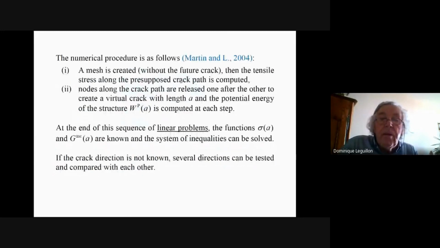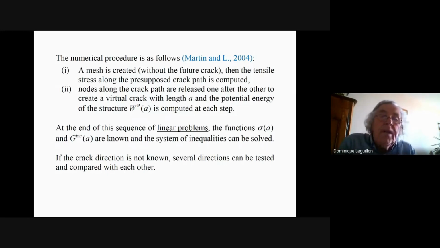Then you can calculate A and the load that is able to trigger the failure. And what is important in this approach, and this is a main difference between the coupled criterion and the other approaches I have mentioned, like cohesive zone models or phase field, is that this is a linear problem. Here you solve a sequence of linear problems.